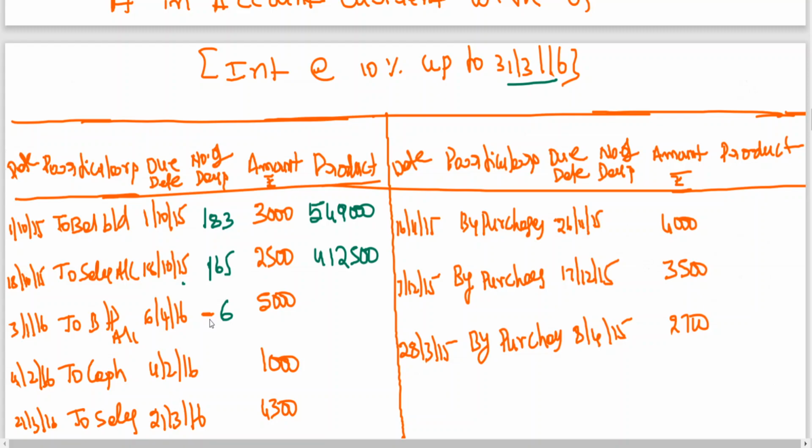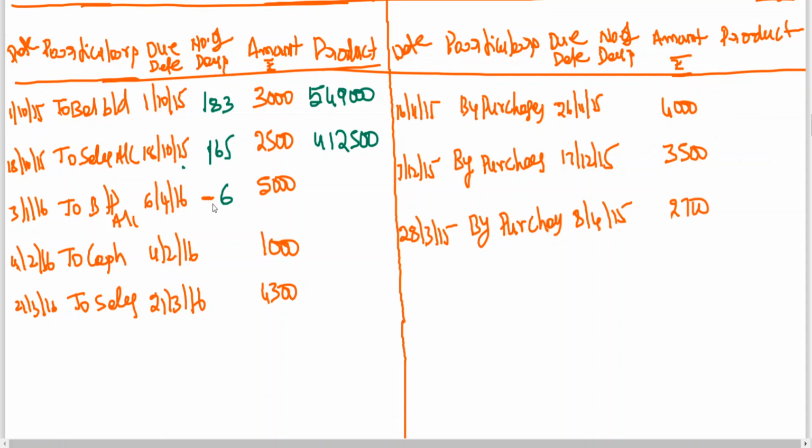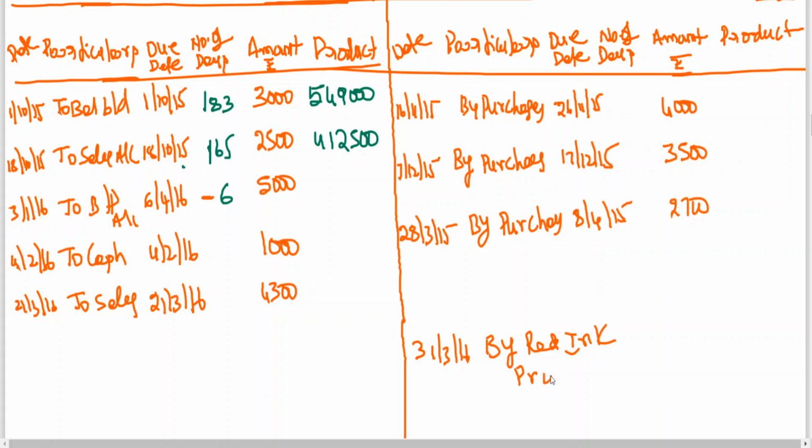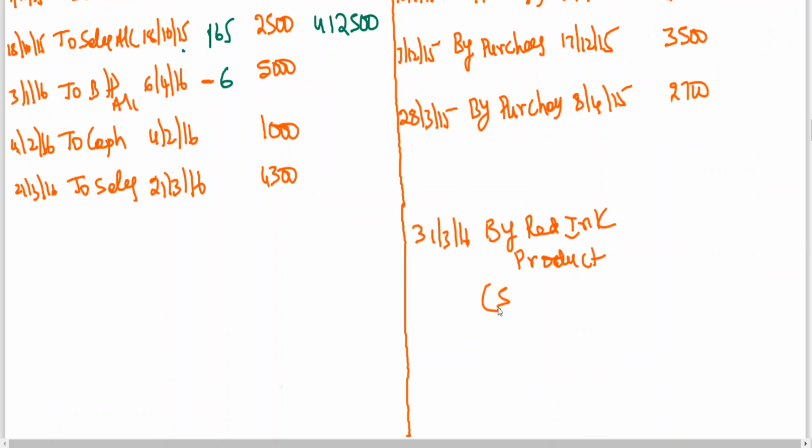I have told you about the negative product. Instead of writing it here, for avoiding confusion and to make it easy for all of you to follow: whenever you get a negative product, that is, negative number of days, here I leave space and write 31st March 16 by red ink product. $5,000 into 6 is coming to 30,000.